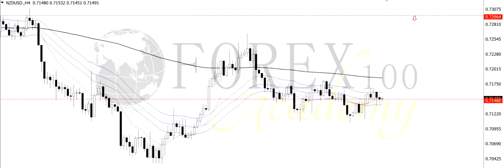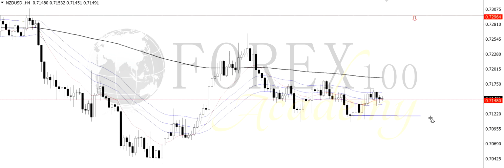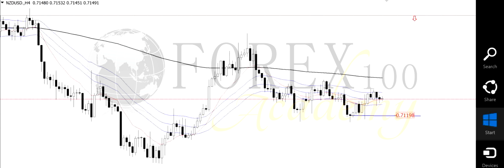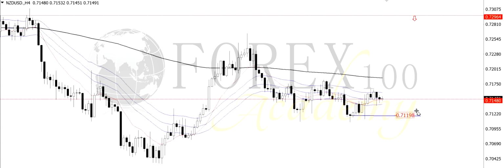Alternatively, for traders who love an immediate trade, you can wait for the market to retest this price over here, 71.19. This is a price range you can look for a long. That is for New Zealand dollar.